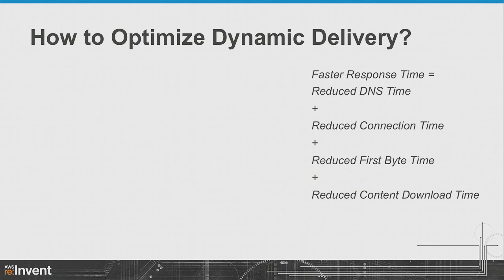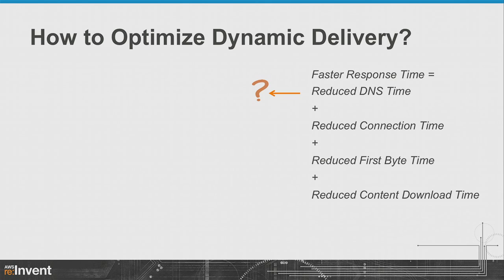So if I want to get a better response time for my dynamic content, I have to either reduce my DNS time, or reduce my connection time, or reduce first byte time, or reduce content download time. I have to do one, multiple ones, or all of them. If I can do all of them, perfect. If I can't, I have to do at least 1 or 2 of these components.